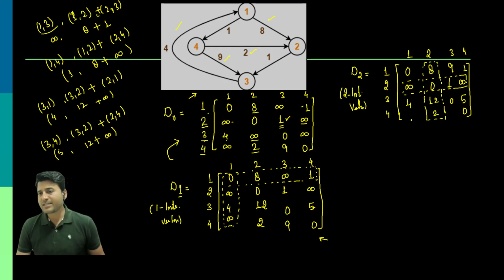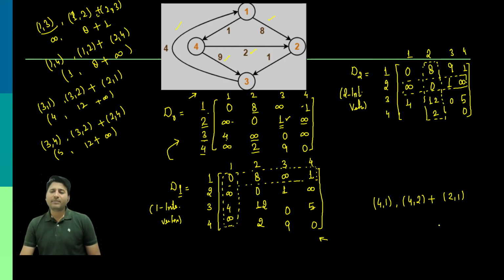Now moving to the last row, 4 to 1, making 2 an intermediate vertex. So 4 to 1, making 2 an intermediate vertex, will be written as 4 comma 1 and 4 comma 2 plus 2 comma 1, the minimum of these entries. So I inserted 2 between these two. What is 4 to 1?